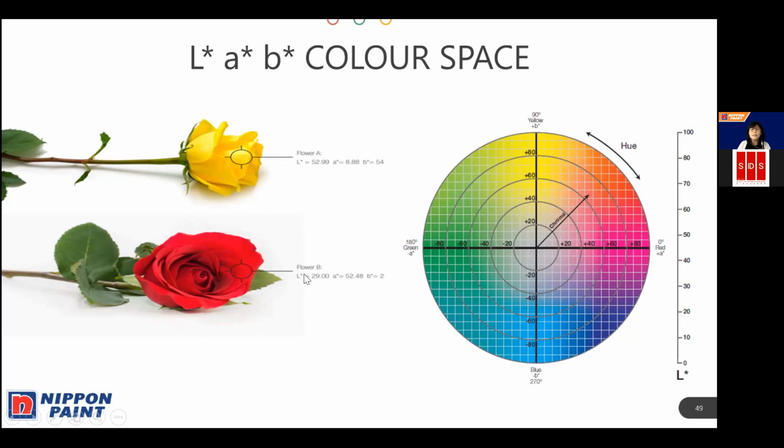And for the red, L is 29, a is 52, and b is 2. So it is somewhere here in this color space. It's basically the plotting of the color, so we know exactly what it is. This is how we measure the color.